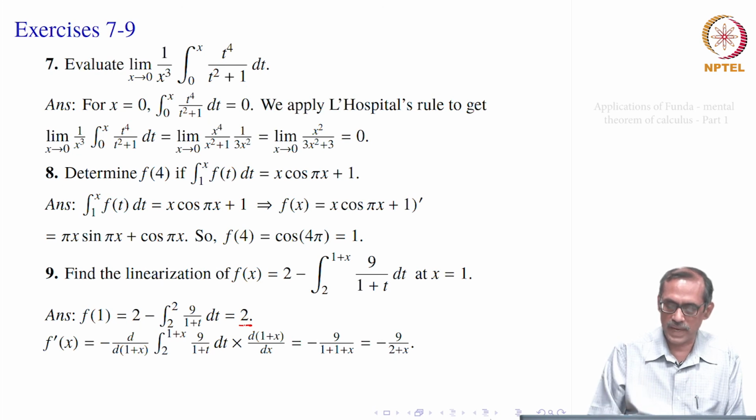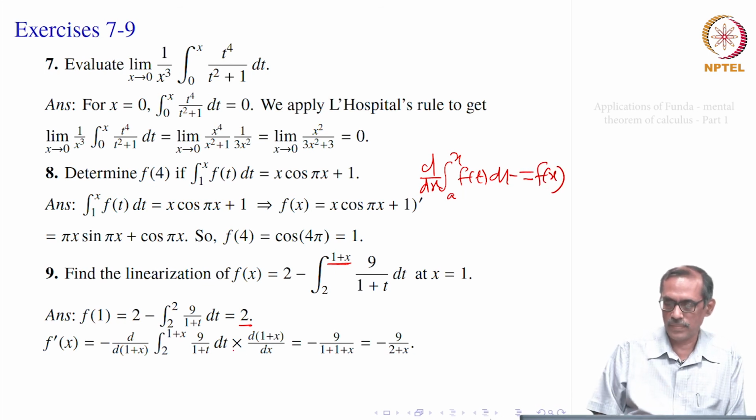Then you take f prime of x. Here the variable is 1 plus x on the top. So, all that we know, it is a to x f of t dt, its derivative with respect to x is equal to f of x, but here it is not x, but 1 plus x, right. So, we should find the derivative with respect to 1 plus x first. That is not a very big thing, it will be the same, because the derivative of 1 plus x with respect to x by chain rule will give you 1, right, in this case.